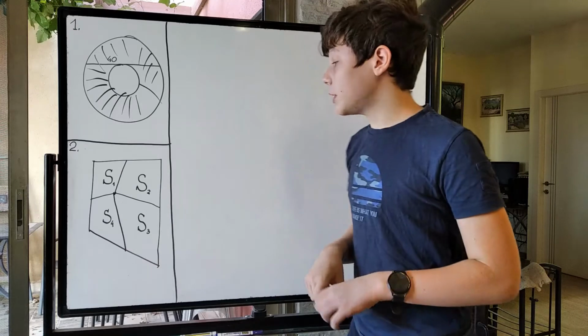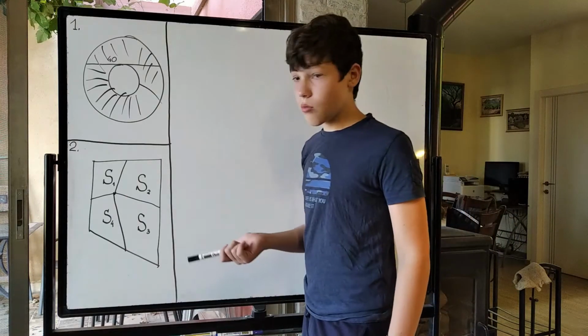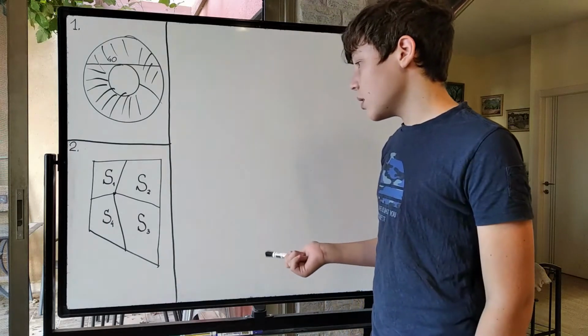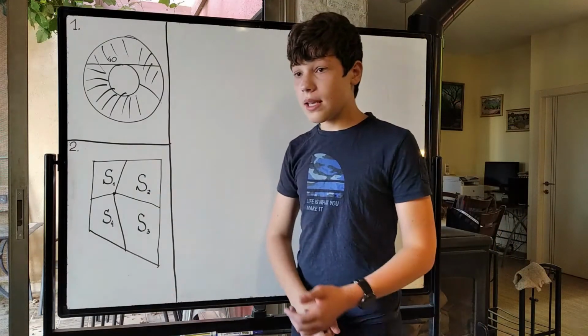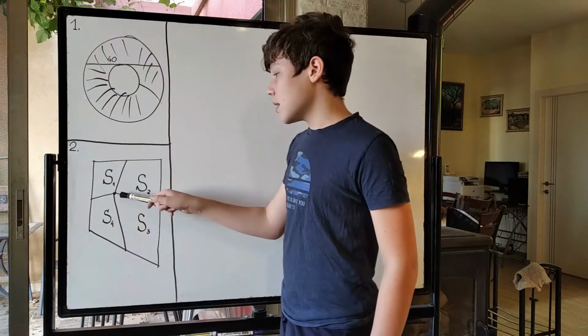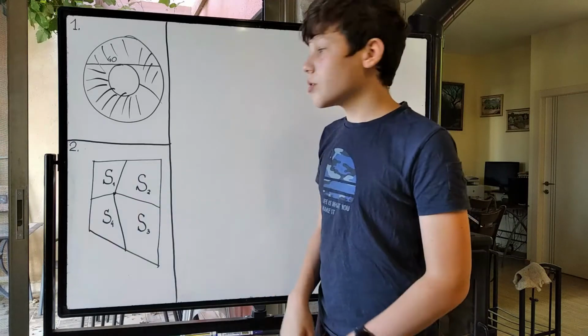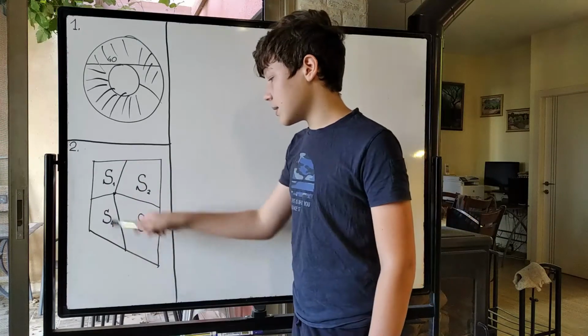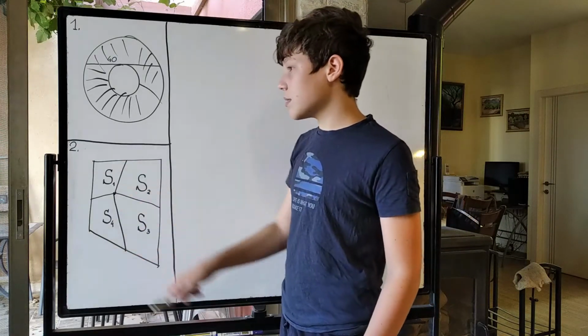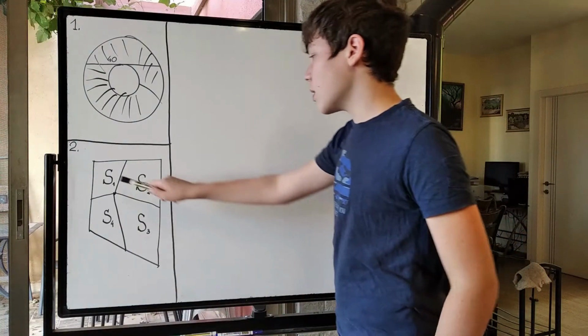The second question is, if you have any quadrilateral you like, you pick any point in the middle and connect this point to the center of each line segment of the quadrilateral, and then we'll mark.